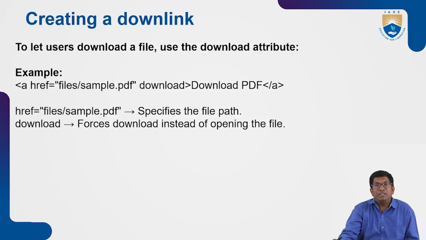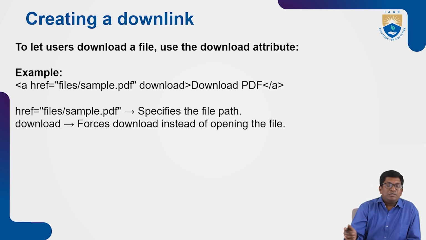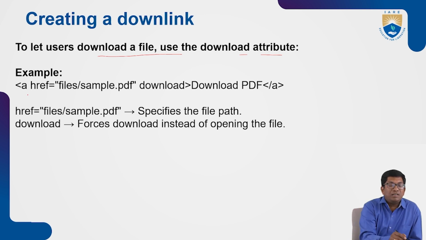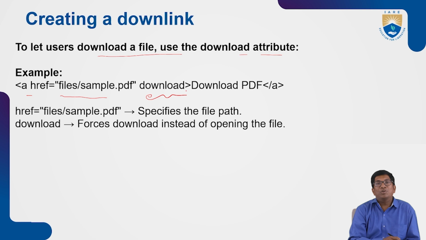Next, creating a download link. You can also download PDF files, image files, or any other documents by using the anchor tag. Simply see here: to let users download a file, use the download attribute. So one more important attribute is there, very important. You can write the anchor tag, href is equal to the path, and the next important attribute is download.